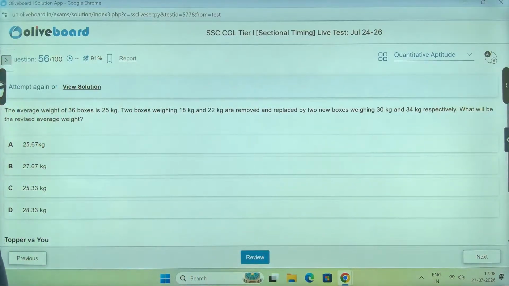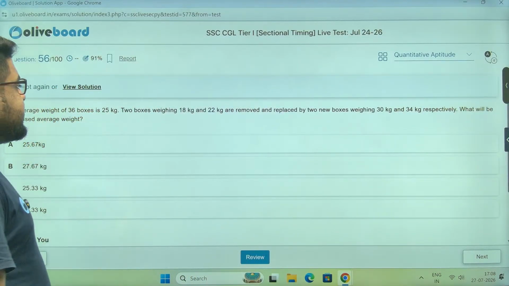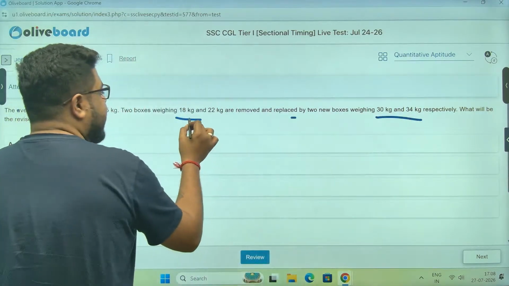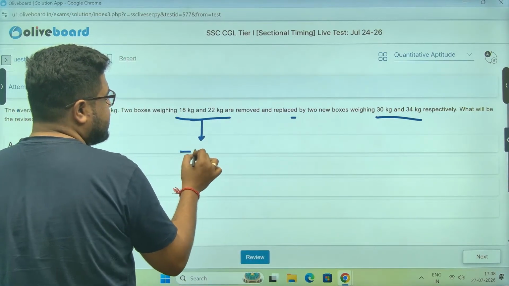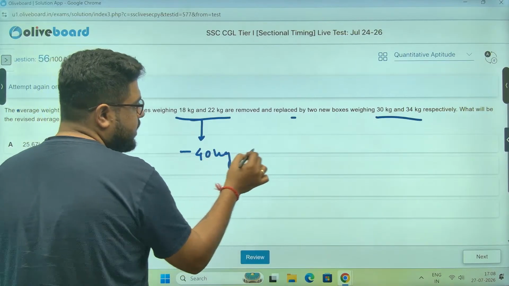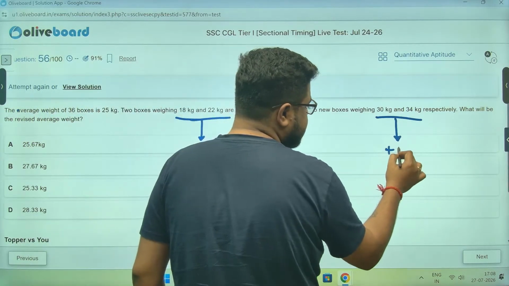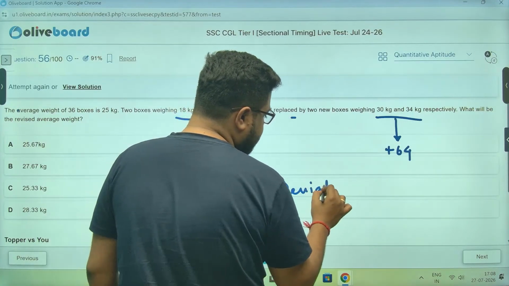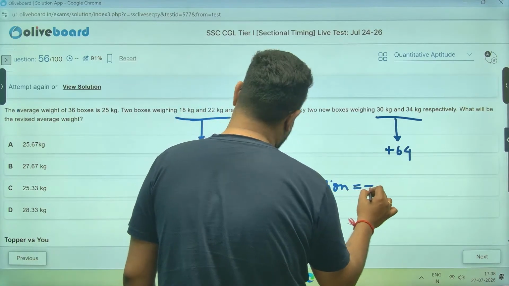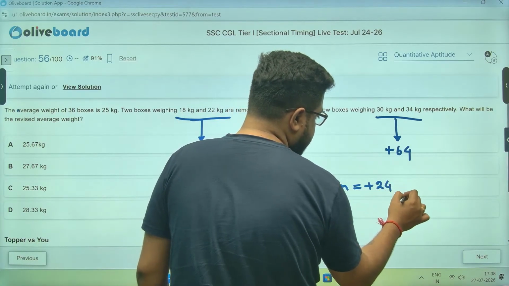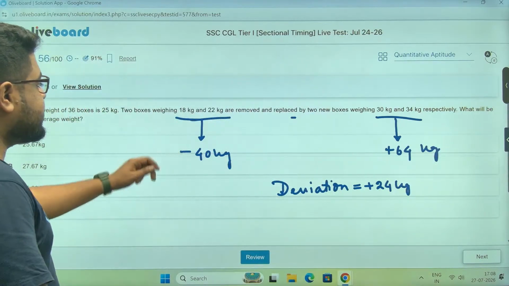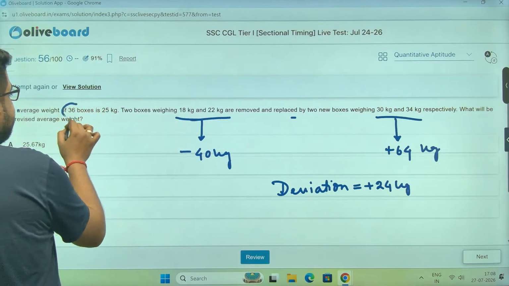Next one, sir. Average weight of 36 boxes is this. 2 boxes weighing this are replaced by these. Find the deviation. So here I'll subtract 40 kg and I've added 64 kg. So net deviation is how much, sir? Plus 24 kg. Now this deviation will get equally distributed among all the boxes.